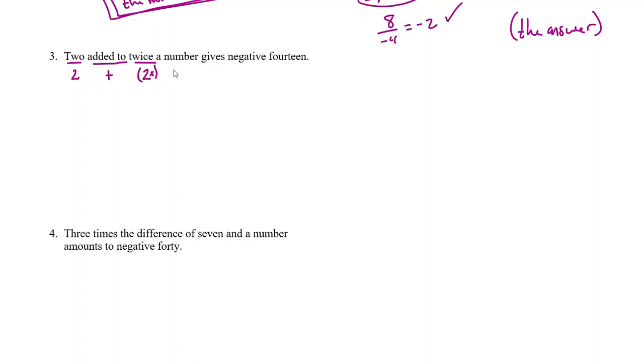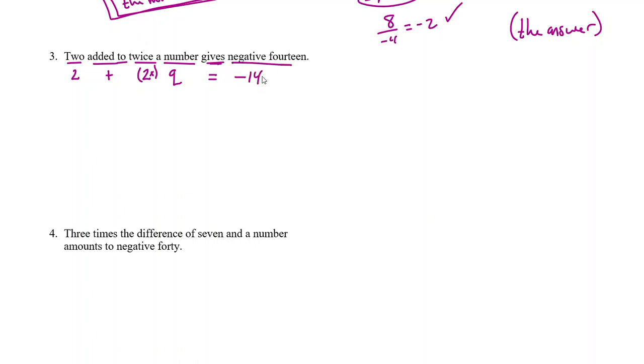A number, let's go with Q this time. A number gives, ooh, what does gives mean? Gives is a euphemism, a synonym for equals. We're really scraping the bottom of the barrel here, trying to come up with other words for equals, and there's just not that many. Is the big one. Gives, that works.